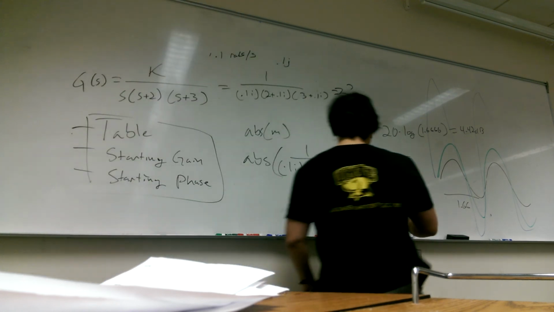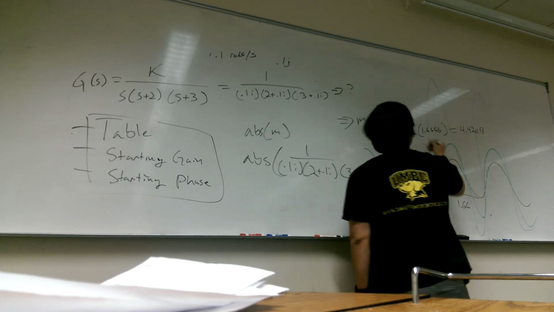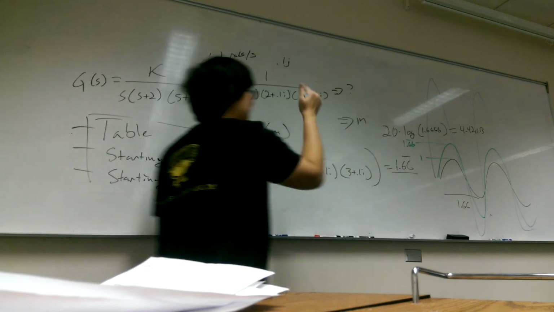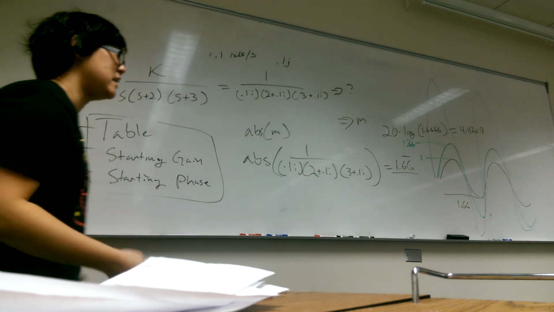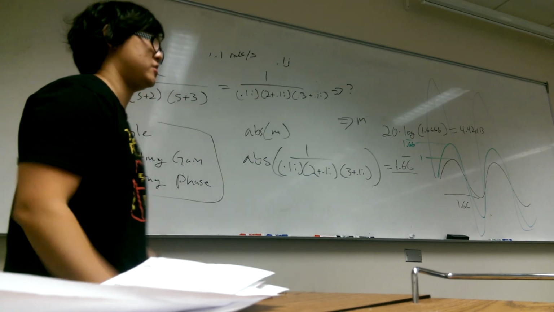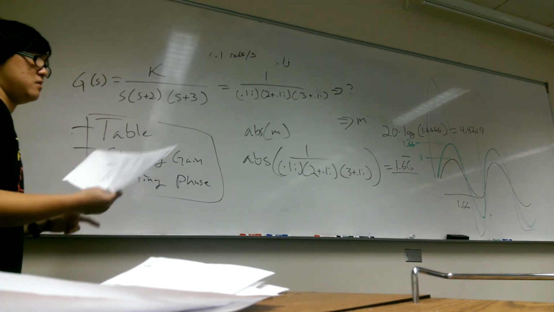But right now, if this amplitude is 1, then this amplitude is 1.666. That's what it's saying: if you plug in a frequency of 0.1 and you get a gain of 1.66, you're multiplying the amplitude of your output by that much. That's what a Bode plot shows you. Any questions on that?